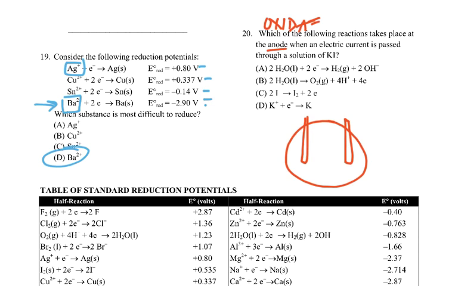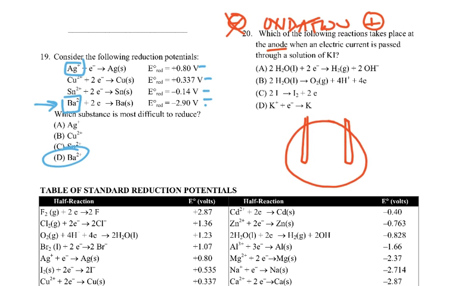Anode is oxidation. And who's going to be oxidized? We have the negative side and the positive side. The negative side has too many electrons because the electrons have been pumped onto it from a battery. So whoever touches it is going to gain. Gain is reduction. So we don't want the negative side. We want the positive side.